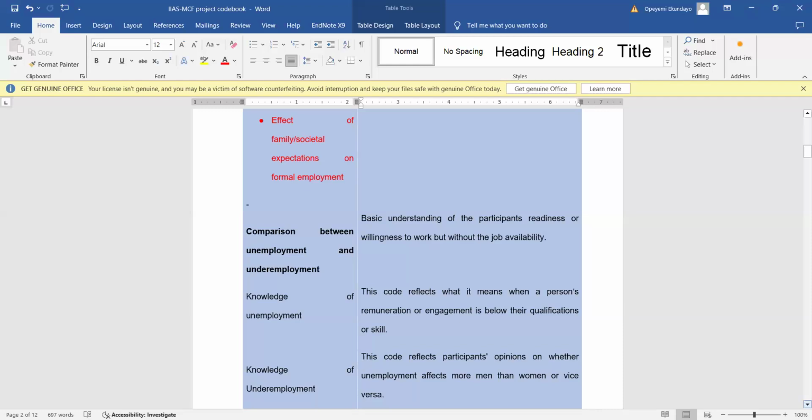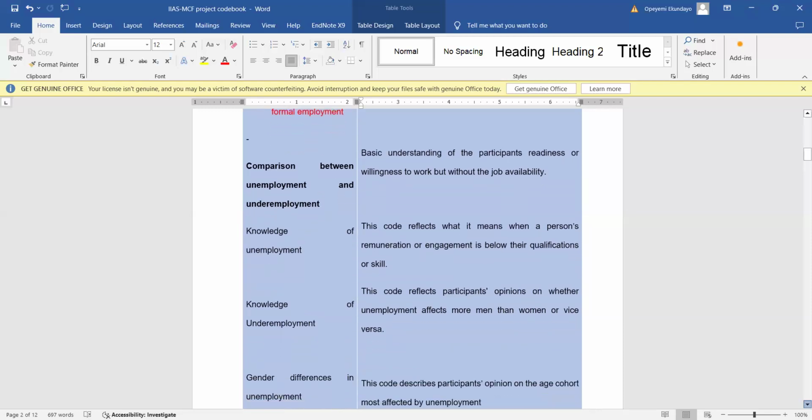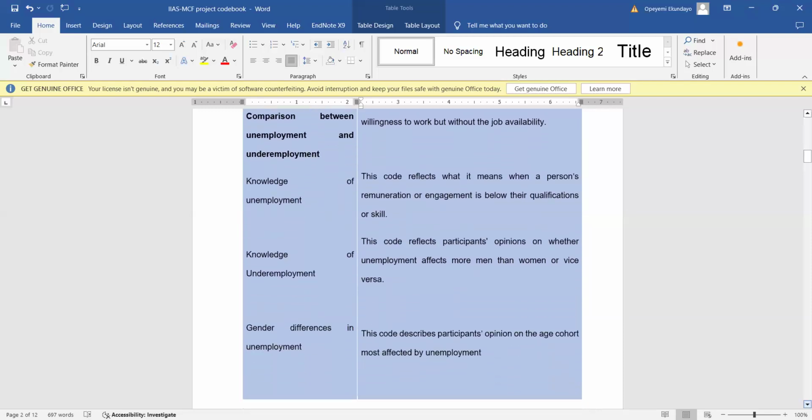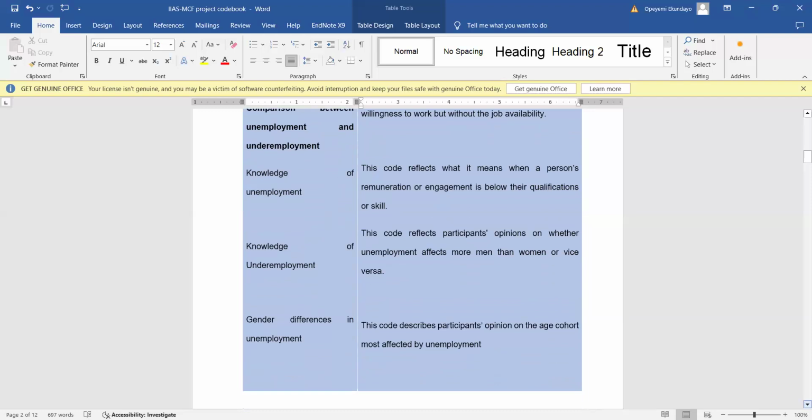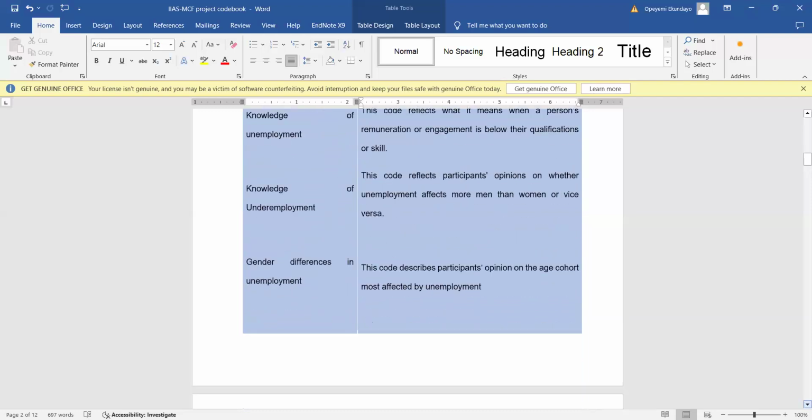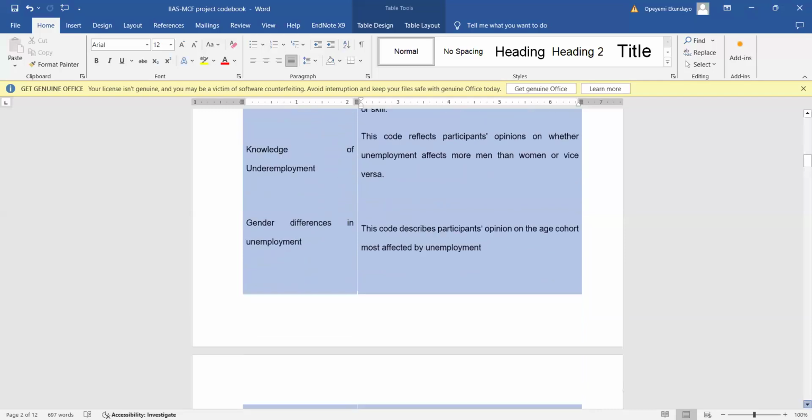The code was for engagement below their qualification or skill. That's underemployment; that's for knowledge of underemployment. For knowledge of unemployment, it was to reflect participant opinion on whether unemployment affects more men than women. The code also wanted to describe opinion on the age cohort. You remember I said we wanted to look at age difference and gender difference.